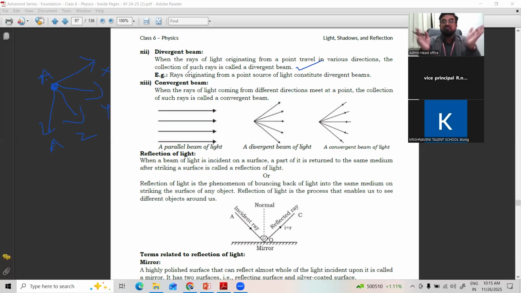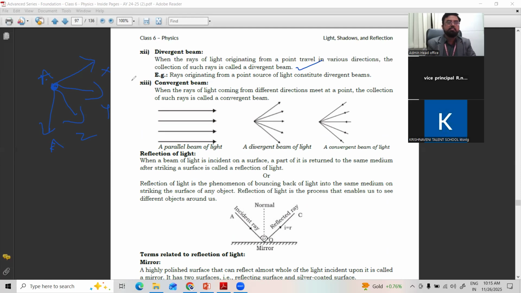Diverging is nothing but spreading out, starting from the same point. Rays originating from a point source of light constitute a divergent beam. You can see vehicle headlights or a torch light. They all start from the same point. For example, when you switch on a torch, light comes from the same point but spreads throughout various places.